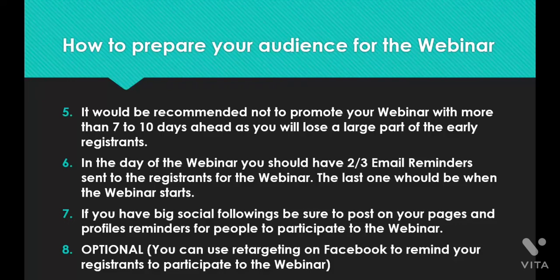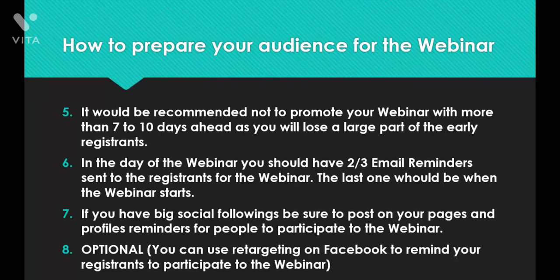But an example of how you can do that is that, for example, 2 days before the actual webinar, you can start promoting an ad to the people that registered for the webinar, in which you remind them to participate. Hey, tomorrow we have the webinar, don't forget to be there on time, I have a big surprise for you, or something like that.